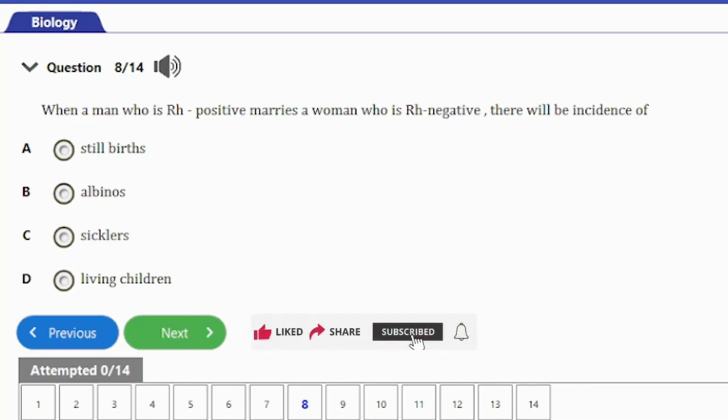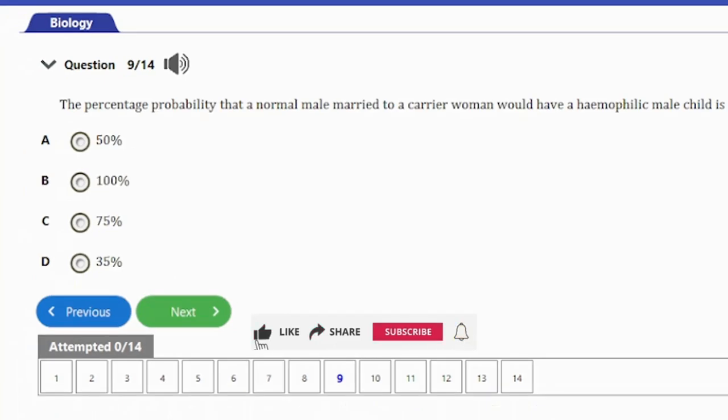So let's go ahead and consider the next question, question number 9 here. It says, the percentage probability that a normal male married to a carrier woman would have a hemophilic male child is A, 50%, B, 100%, C, 75%, and D, 35%.